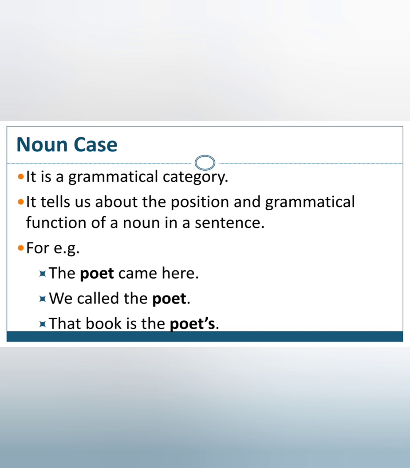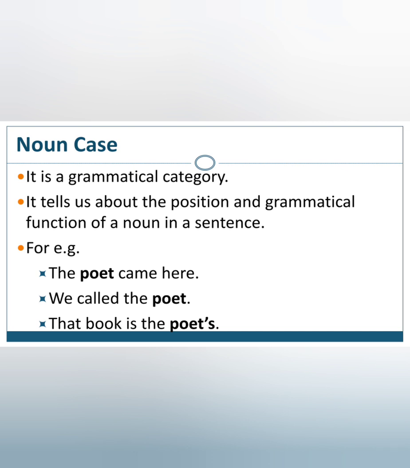In the first sentence, the poet is the subject of the sentence. In the second one, the poet is the object of the sentence. In the third sentence, when we ask the question, whose book is it? We get the answer, the poet's. Can you see the difference in the sentences?